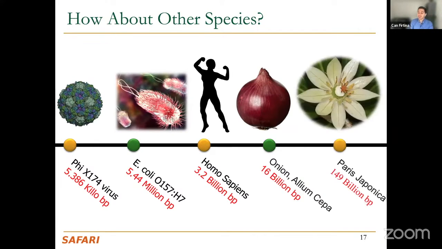And there are even larger plants, with larger genomes. For example, this particular plant genome contains 150 billion bases, almost 50 times larger than the human genome size.